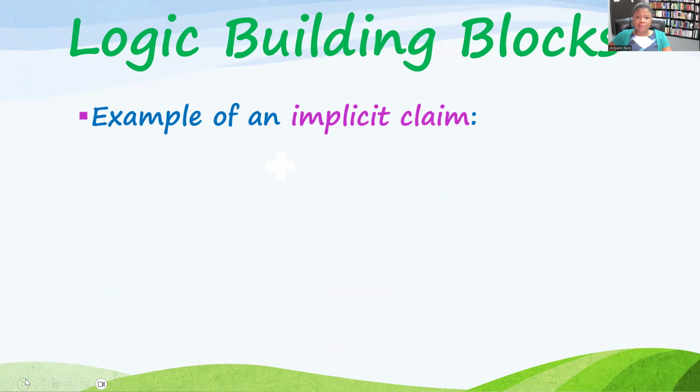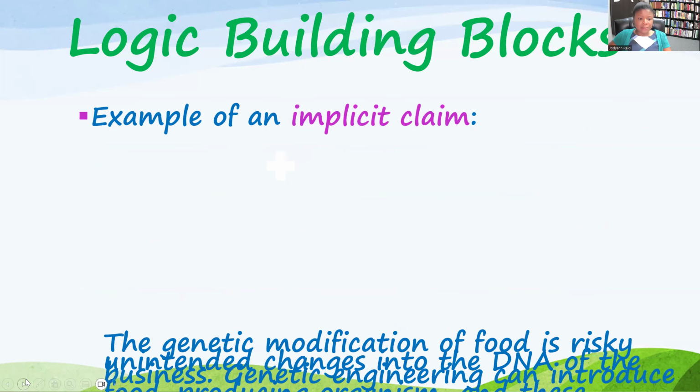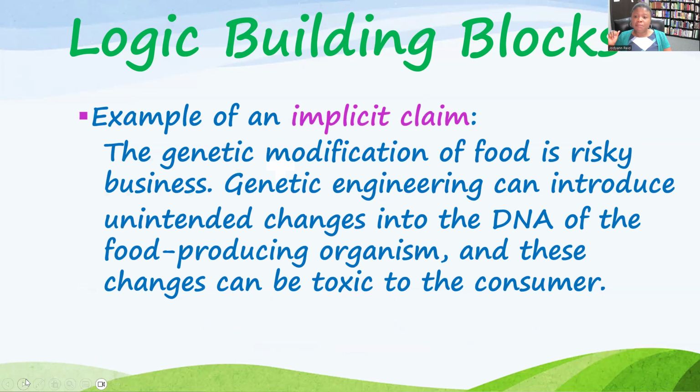So let's look at an example of an implicit claim. The genetic modification of food is risky business. Genetic engineering can introduce unintended changes into the DNA of the food producing organism, and these changes can be toxic to the consumer. That's an argument, even though there are no indicator words.